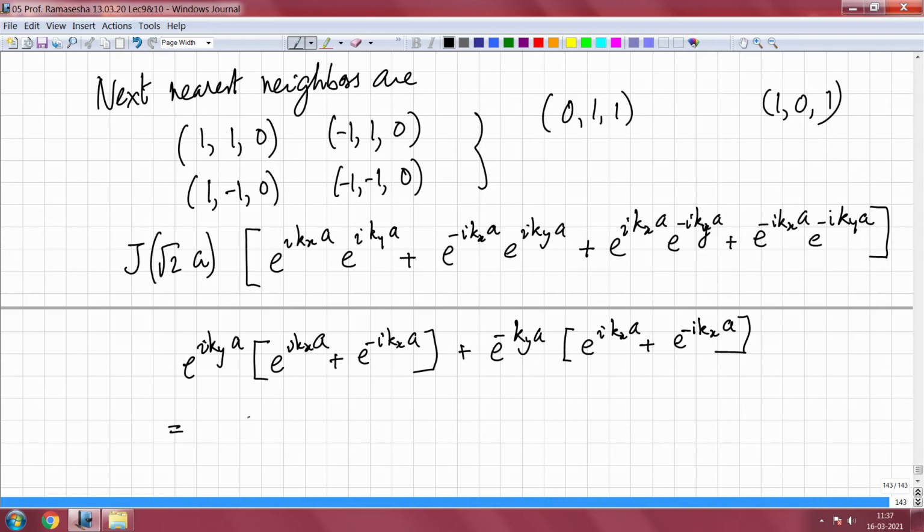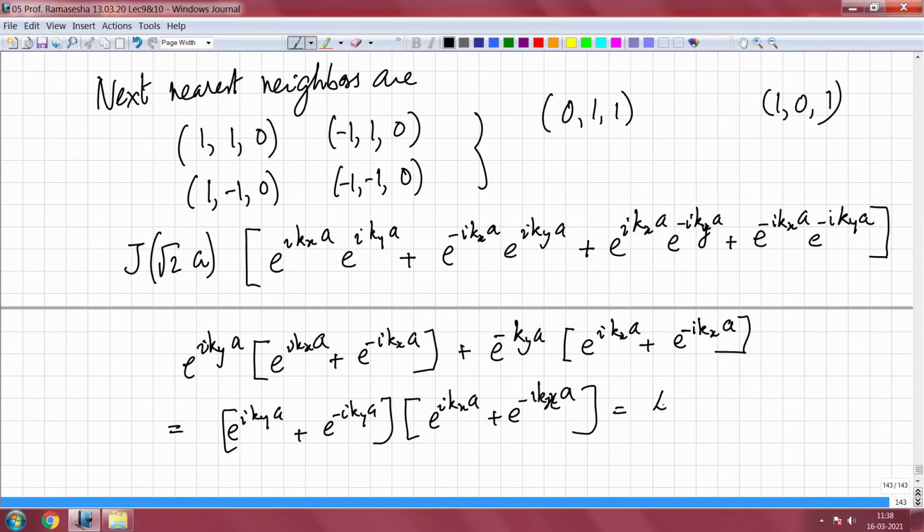So this is going to give me e to the I ky a plus e to the minus I ky a into e to the I kx a plus e to the minus I kx a, and that is equal to 4 cos kx a cos ky a.